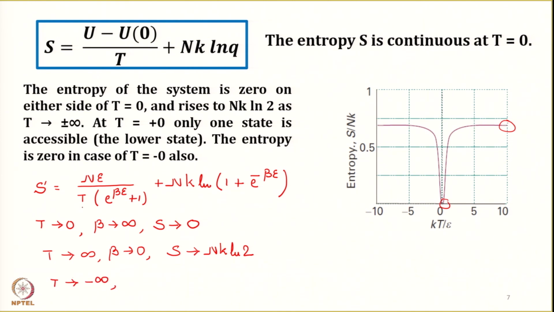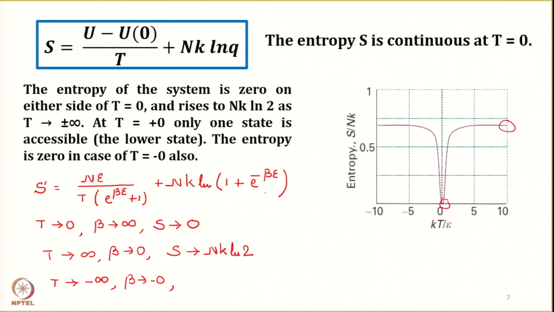Minus infinity. Anyway, when infinity comes in the denominator, the first term will become 0. And T is minus infinity, that means beta is approaching minus 0.